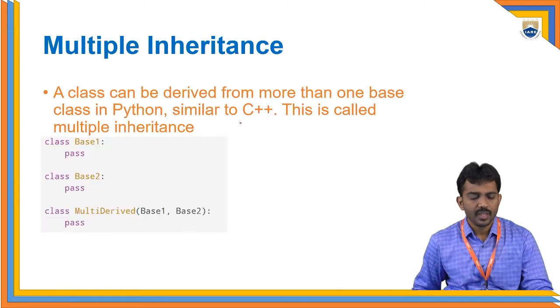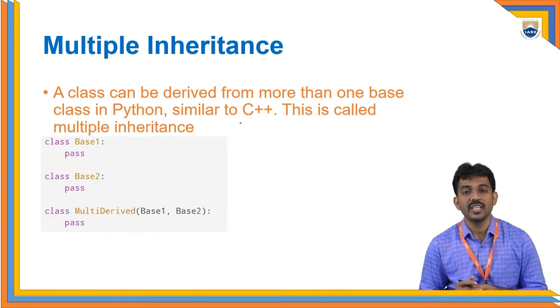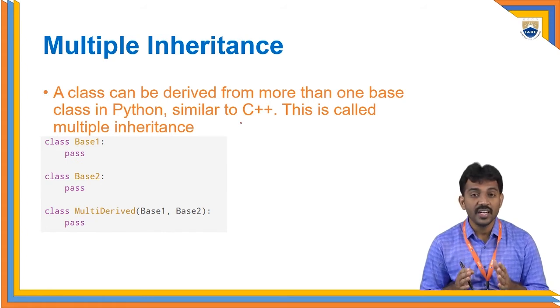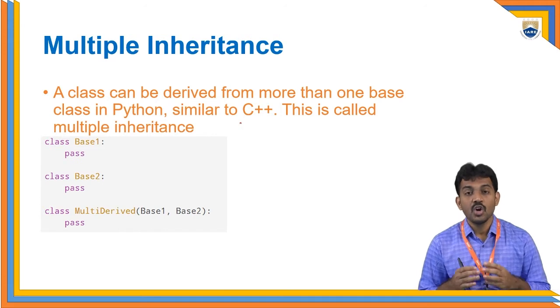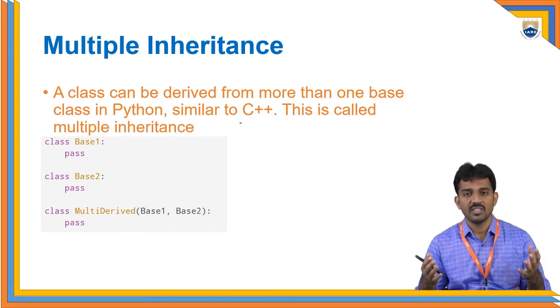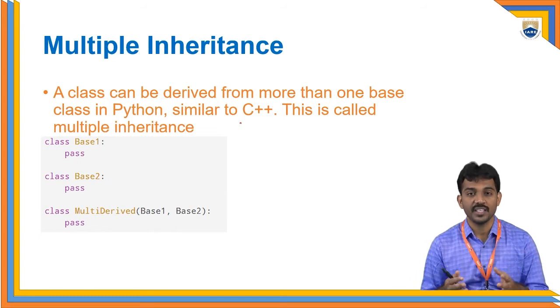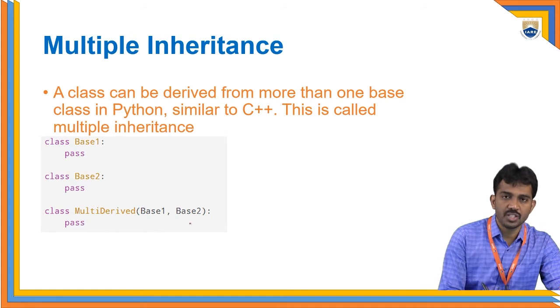And the next thing is multiple inheritance. In the last example, we inherited from A to B. But if you want to inherit from two or more parent classes, how are we going to inherit? By using this way: base1, base2.